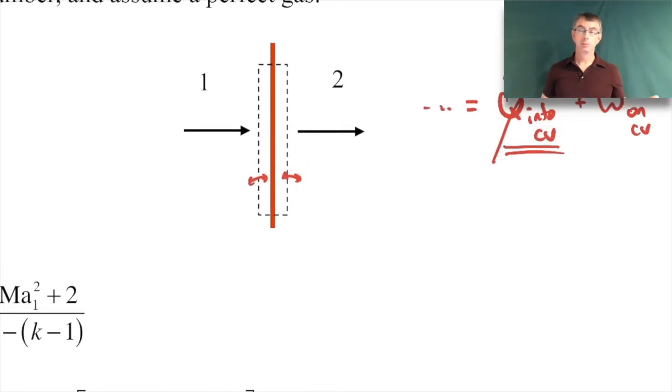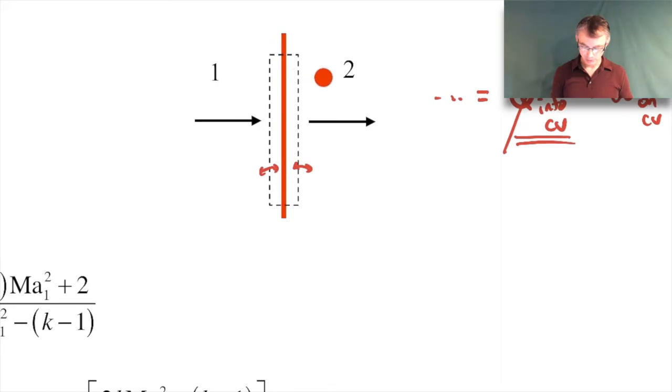Now, a few lectures ago, we talked about sound waves being an isentropic process. Now, a sound wave is a shock wave that's infinitesimally weak. Just imagine a shock wave, but it's weaker and weaker and weaker. What I mean by that is that the properties across the sound wave, from 1 to 2, would be infinitesimally small.